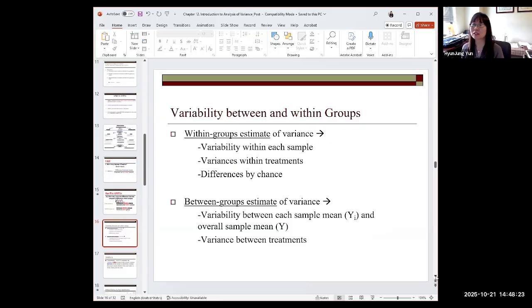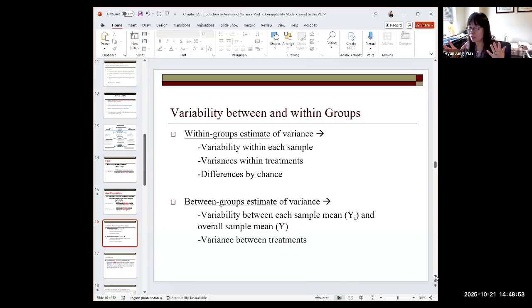Some textbooks state it as the variability in each group. When we have a representative group for each population, or whatever you have as your comparison groups, there are no two identical pairs.